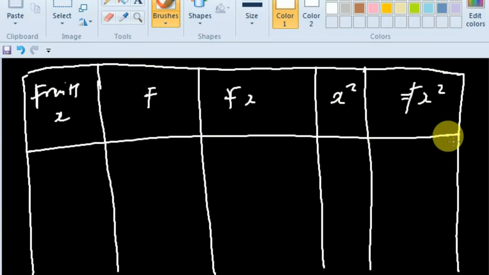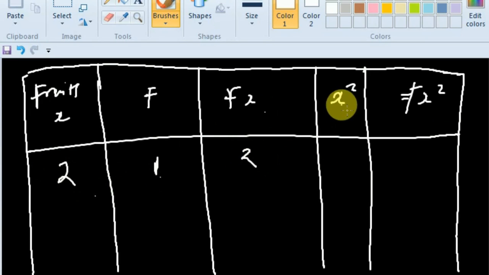Then I have x squared. Then I have x squared multiplied by frequency. From the information I've been given, the number of fruits for the first is 2, and the frequency of 2 is 1. So to calculate f x, I'll say 2 multiplied by 1, and the answer there is 2.